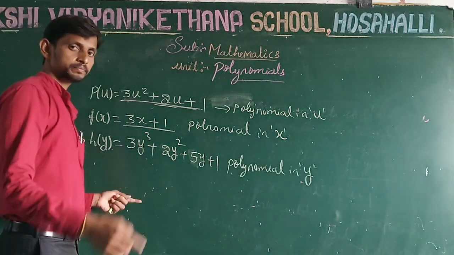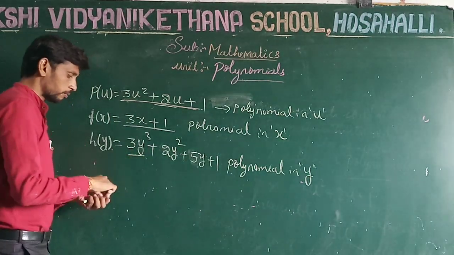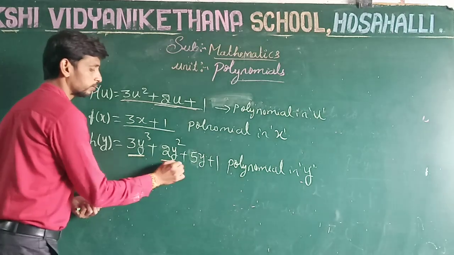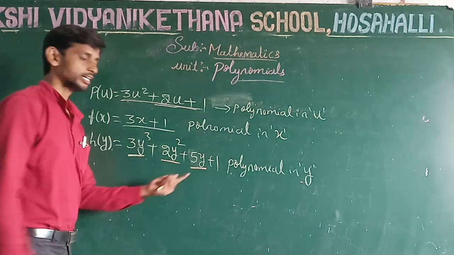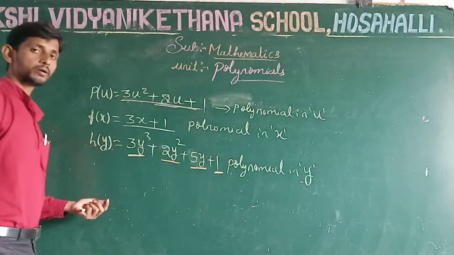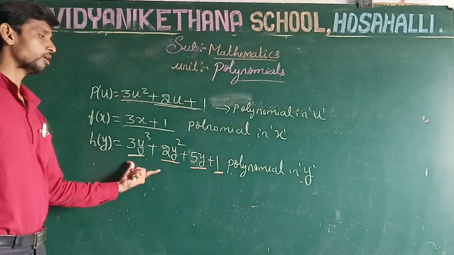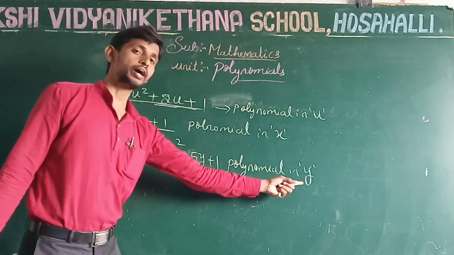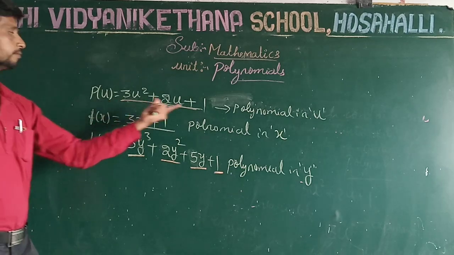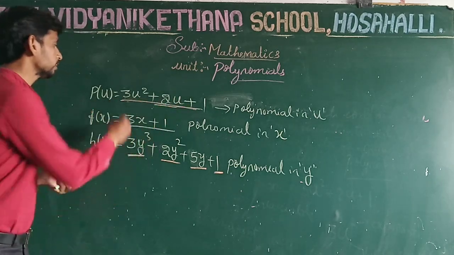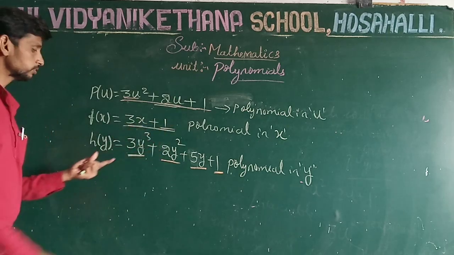See, 3y cube is the first term, 2y square is the second term, 5y is the third term, plus 1 is the fourth term. The polynomial is in the variable y, the polynomial is in the variable x, the polynomial is in the variable u. It is having 3 terms, 2 terms, and 4 terms.